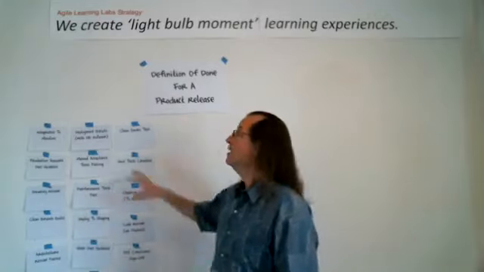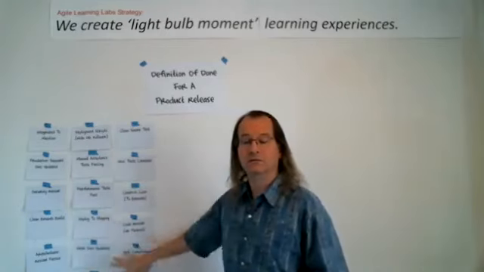So they've listed all the things that typically have to happen before they can release their product. And we say, okay, this is what we do today. The team says, yeah, we do those things today. So we're going to start out by saying, okay, that's our definition of done for a release. For the release to be done, we must have done all of these things.